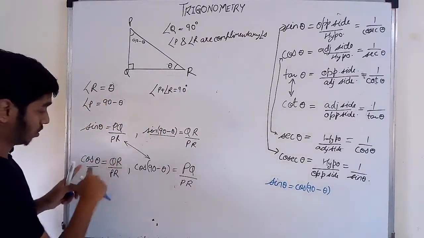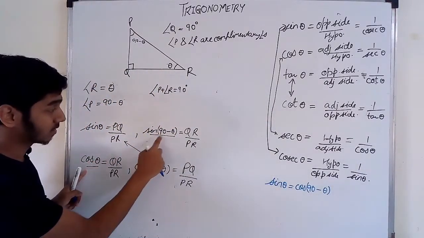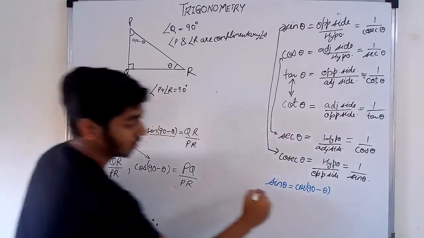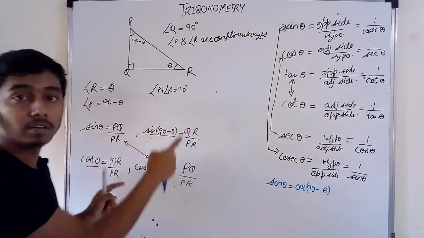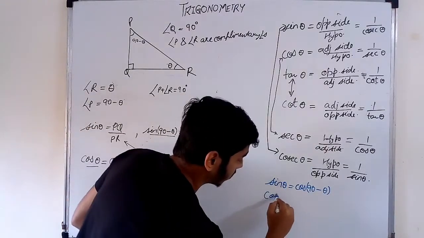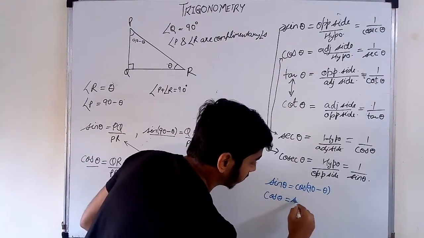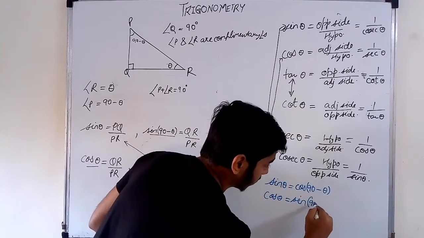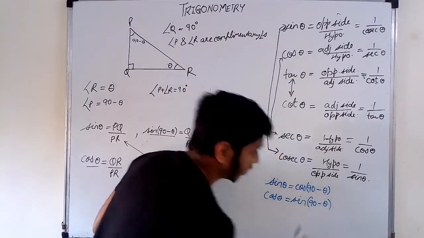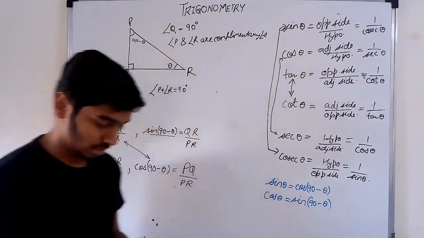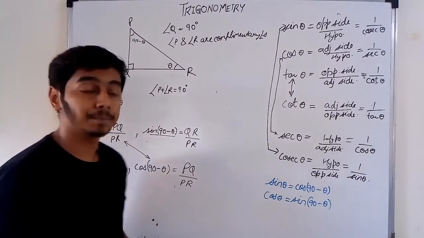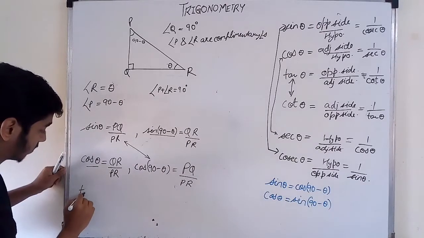And also we can say cos theta is sine 90 minus theta. The reverse can also be said. So here we have proved it. I hope you have understood this. Now let's find tan theta.